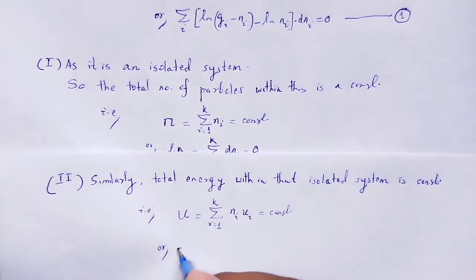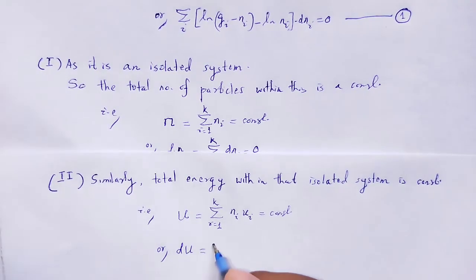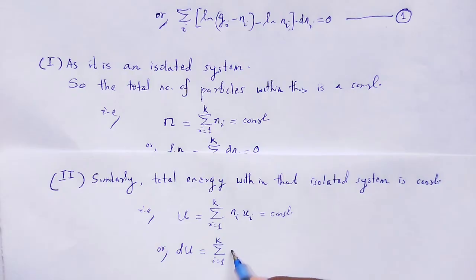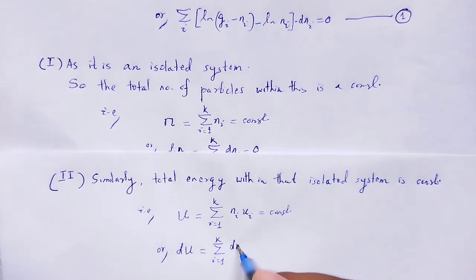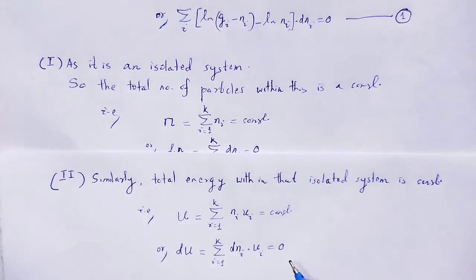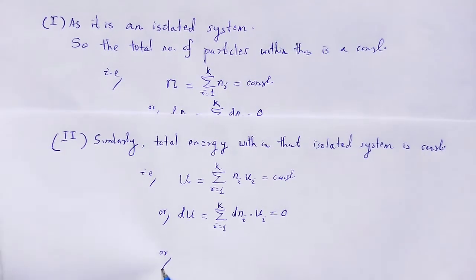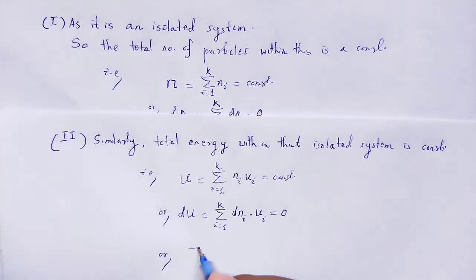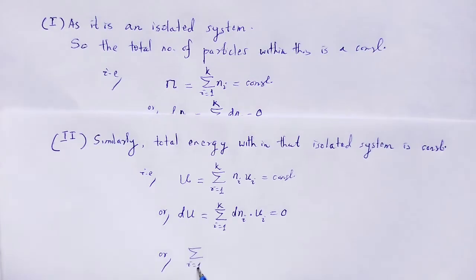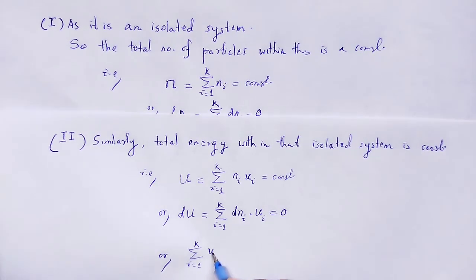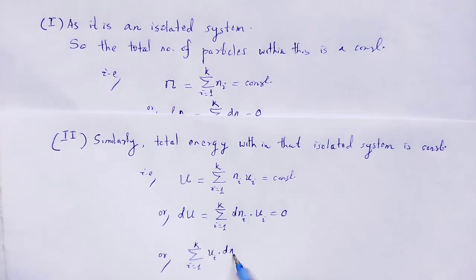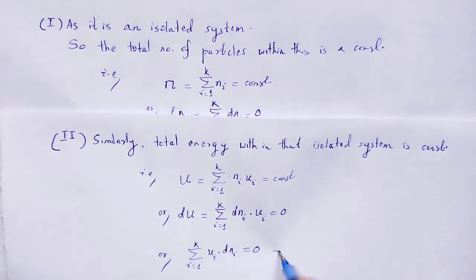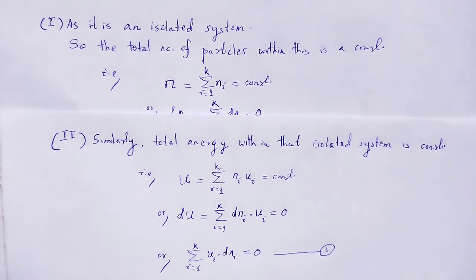Therefore its differential dU is equal to summation over i from 1 to k of dNi into Ui, equal to 0. Therefore we write summation over i from 1 to k of Ui into dNi is equal to 0. That is equation number 3.